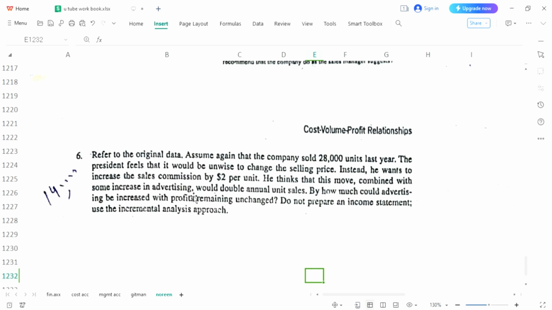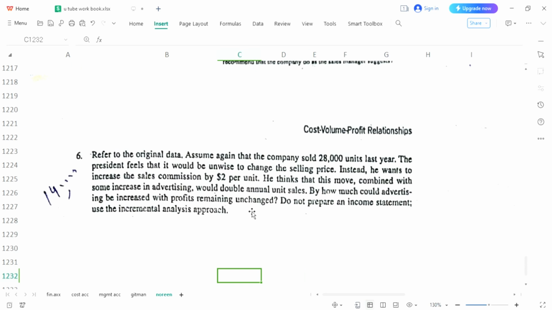But here there is something to mention. The amount of advertising has not been confirmed. What he wants us to calculate is by how much advertisement could be increased so that our profits remain unchanged. Our profit should not change.